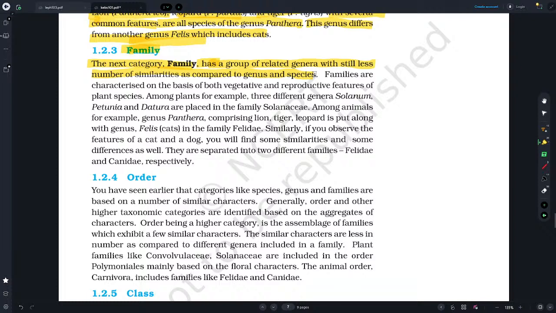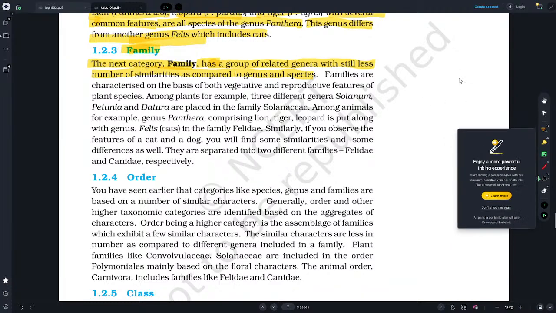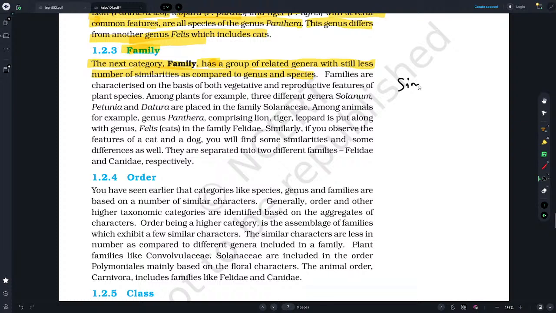As we go from the lower step, species, to the higher genus, family, order, class, we see that similarities are reducing.